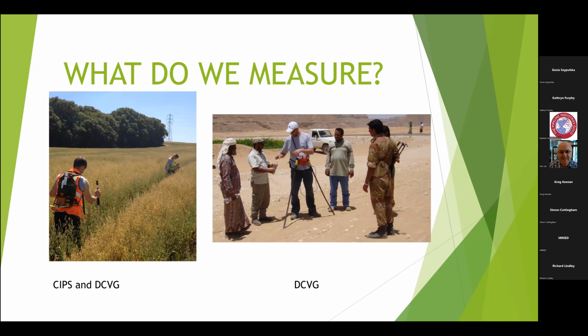In the picture on the left, you can see 2 surveys going on at the same time. The chap with the orange high-vis jacket, he's doing the close interval potential survey. And you can see at the bottom of his rucksack, there's a coil of copper wire, which is connected to a test post behind him.